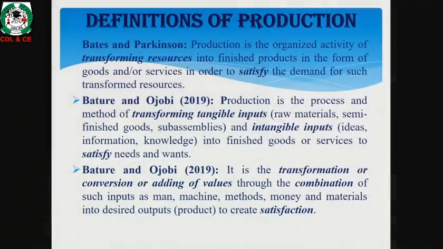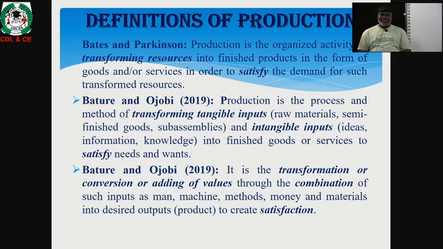Bature and Ojobi also define production as a process and method of transforming tangible inputs. When we talk about tangible, we talk about raw materials, semi-finished products, sub-assemblies, and all whatnot, as well as intangible inputs. Intangible inputs include our knowledge, our ideas, information.